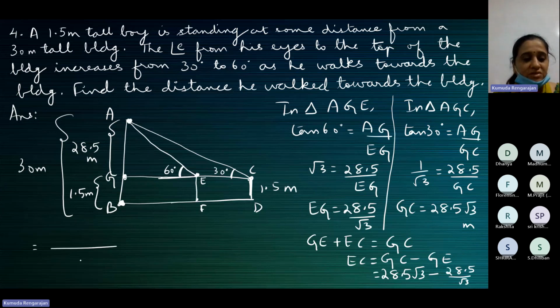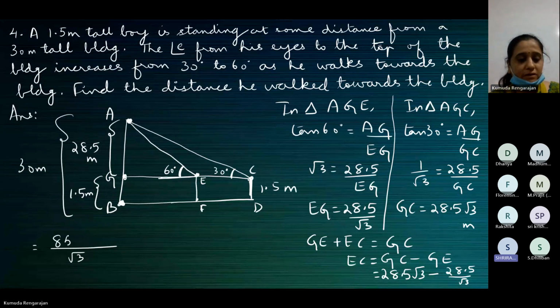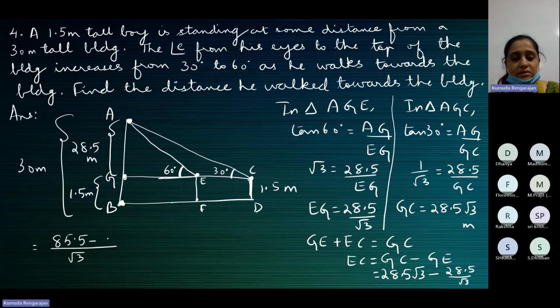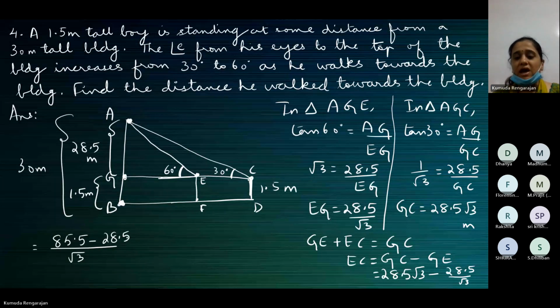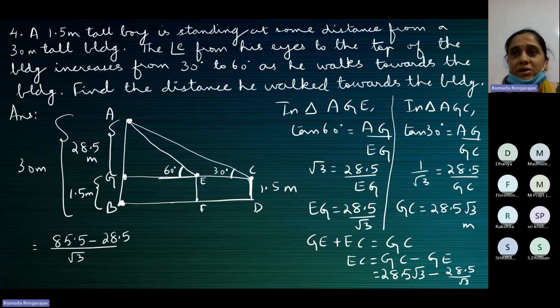Root 3 is the common denominator. 28.5 root 3 into root 3 is 28.5 into 3, which is 85.5, minus 28.5 by root 3. 85.5 minus 28.5 is 57.